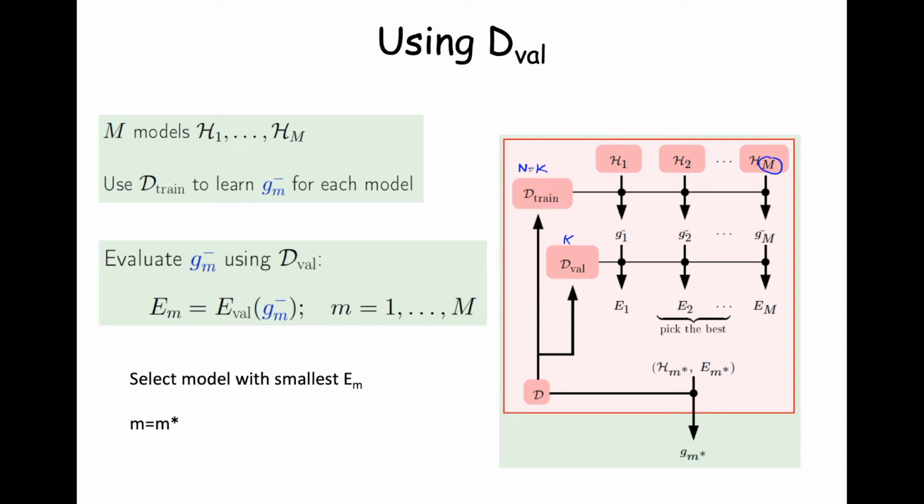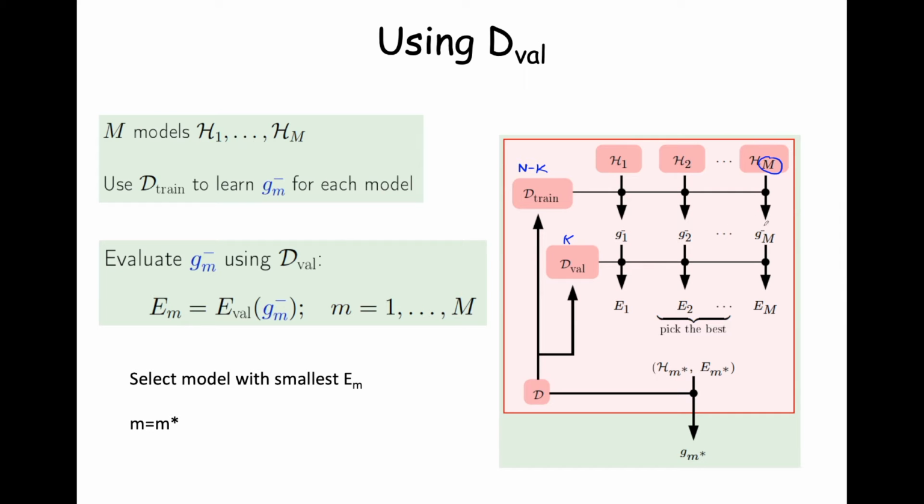So we have our limited data set, D_train, and we use this D_train with each one of our hypothesis sets. And because D_train does not have the full data set, our final best hypothesis for each one of these hypothesis sets, H1 through HM, is going to be limited. So we term that G1 minus through GM minus.